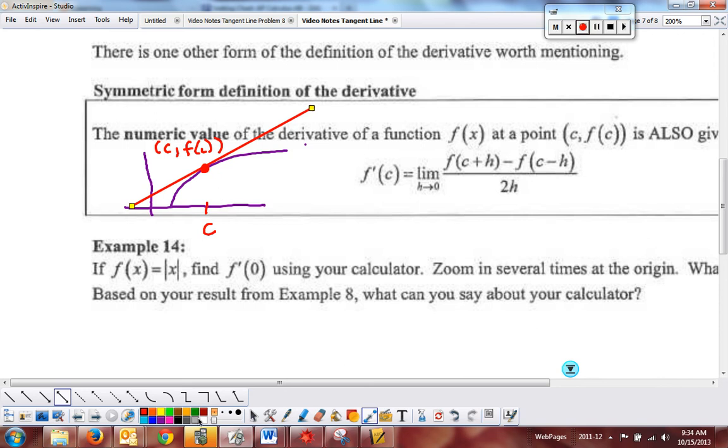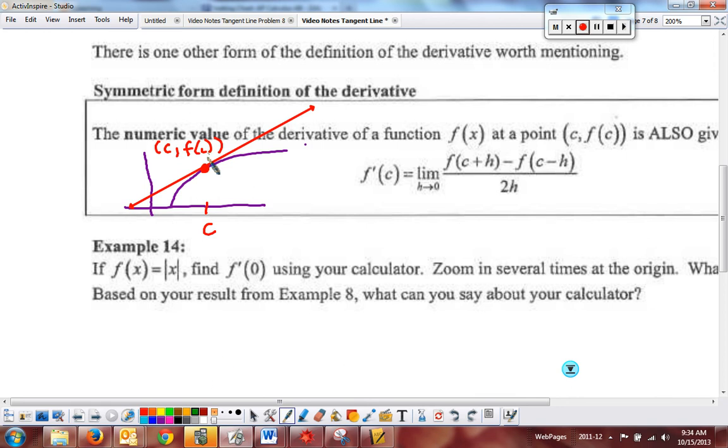Now, what we had done before is we had moved over a little bit in this direction and picked a point. And if I was doing the alternate form, what did I call this point? The alternate form, not the first limit definition, the alternate form. x and f of x, right?